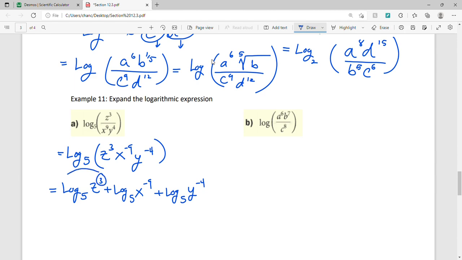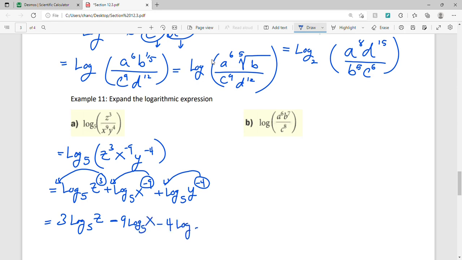Then I can bring down the exponents to the front, and so we're just working backwards. And this gives us 3 log base 5 of z minus 9 log base 5 of x minus 4 log base 5 of y.